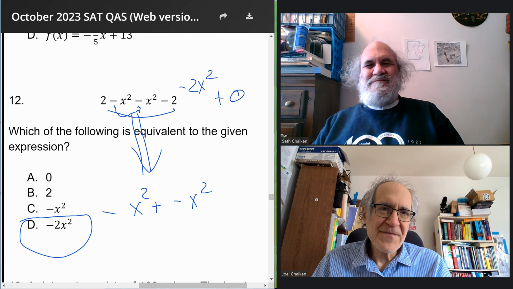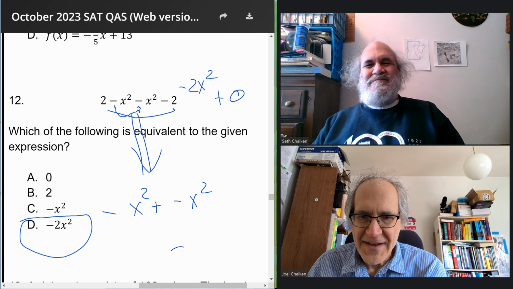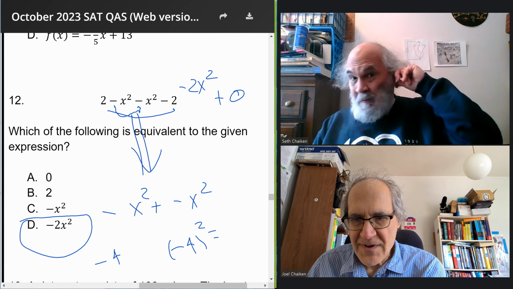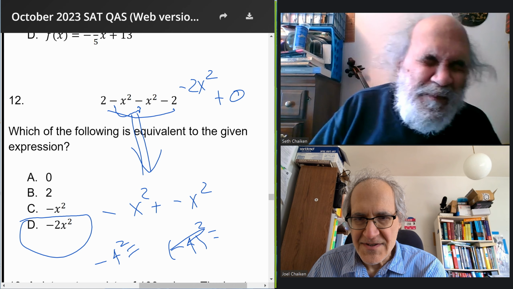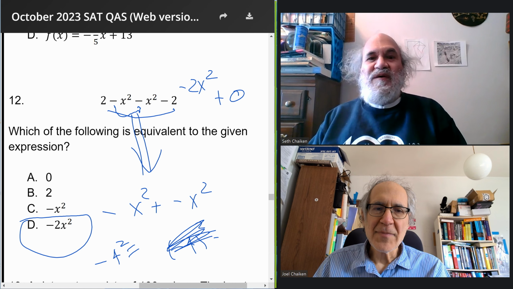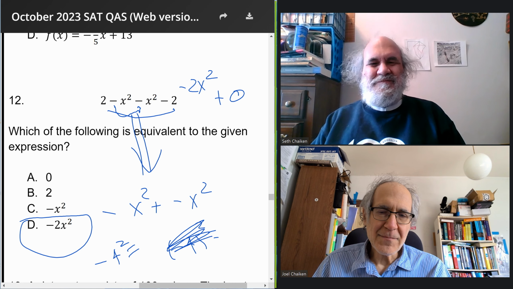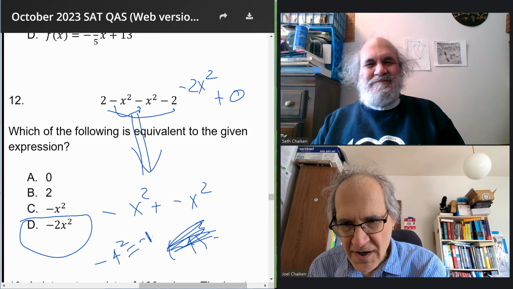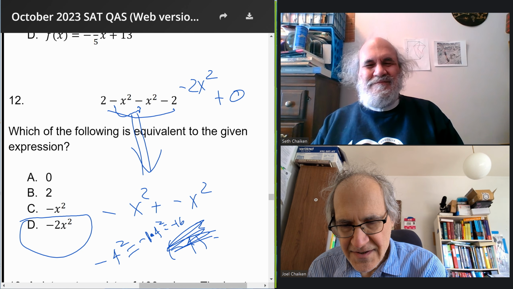That happens a lot in the exponent rules when you have maybe a -4 squared, something like that, or even worse, -4 squared. This one throws a lot of people. You say that's positive 16, but what's really going on here is this is a -1 times a 4 squared. So the answer is -16.